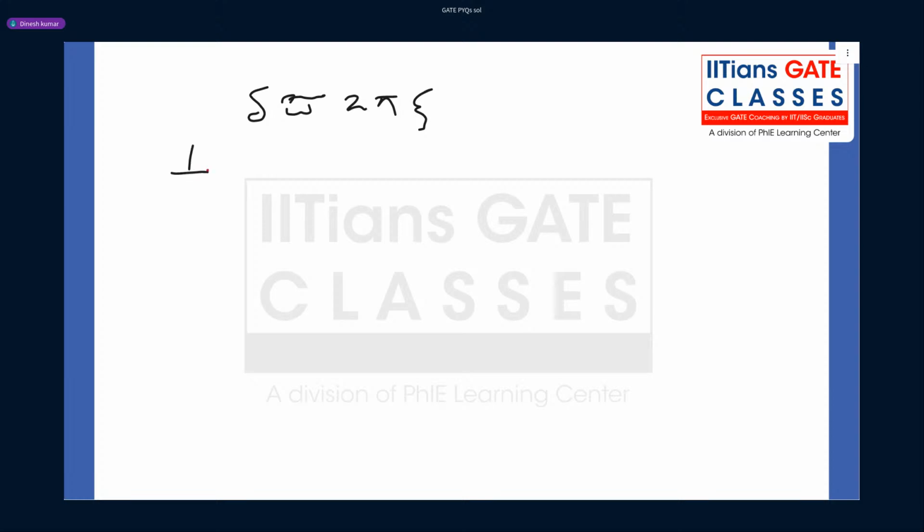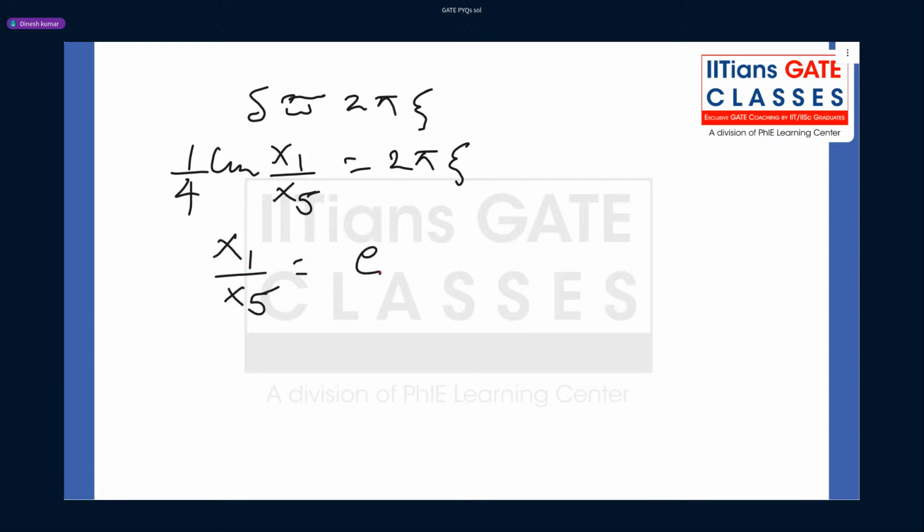Now, guys, delta is already known here. It is 1 by 4 ln of x1 by x5, and this is 2 pi zeta. So what will be x1 by x5? It will be e power 8 pi. And what is the zeta value? It is 0.1.